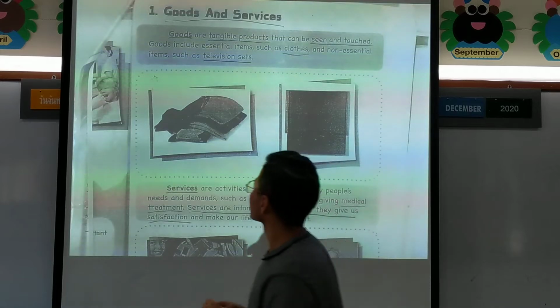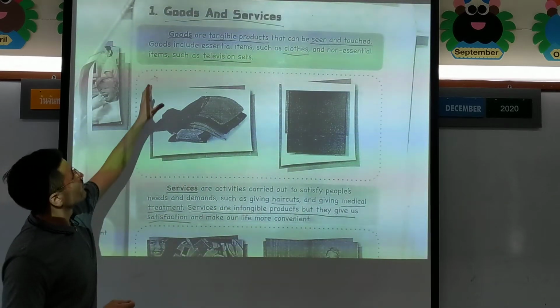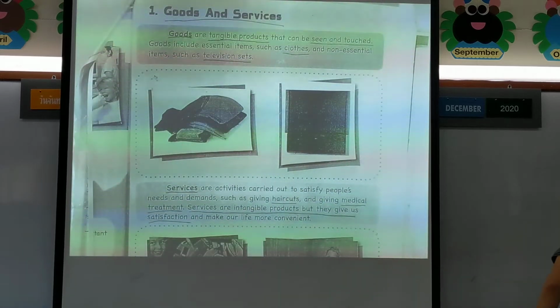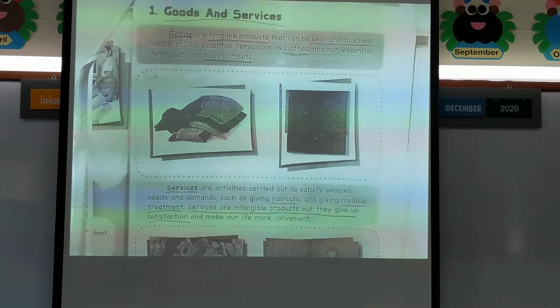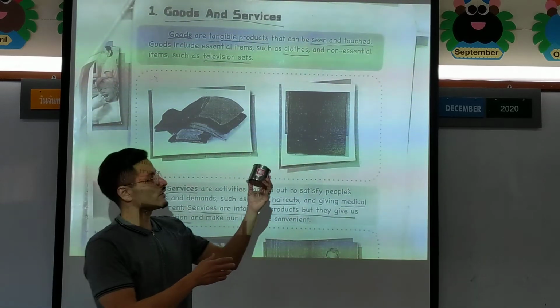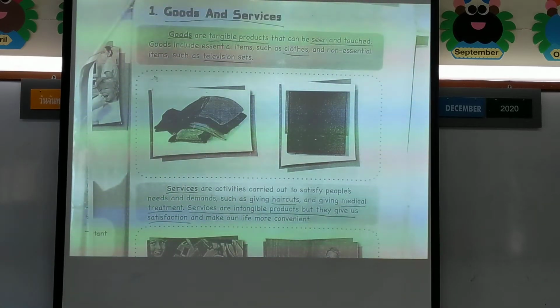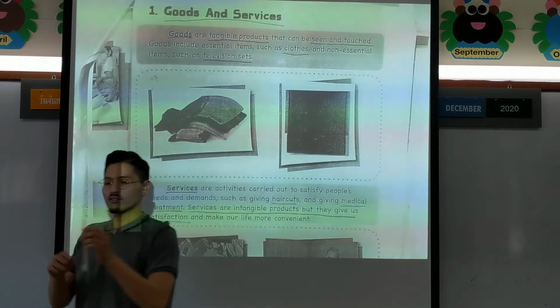Do you remember, what are goods? Goods are things you can touch, like, what do we have here? We have a cup, that's a goods. We have a toothbrush, that's a goods.